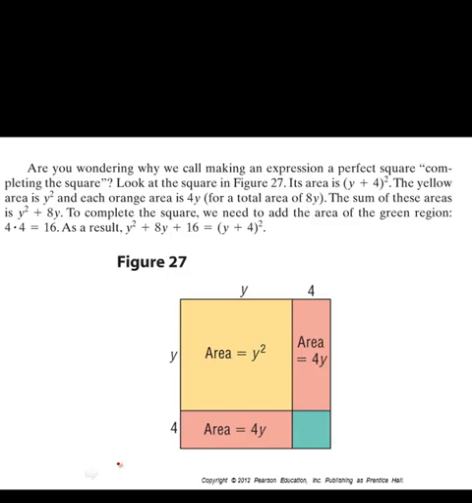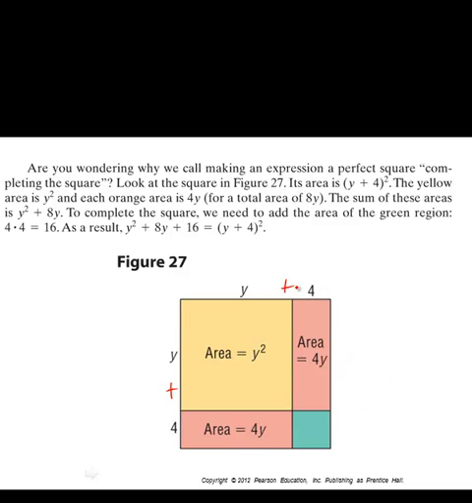Here's a different way that you can think about completing the square. As you look at this big square, what is the length of each side of the big square? Well, it's going to be y plus 4.